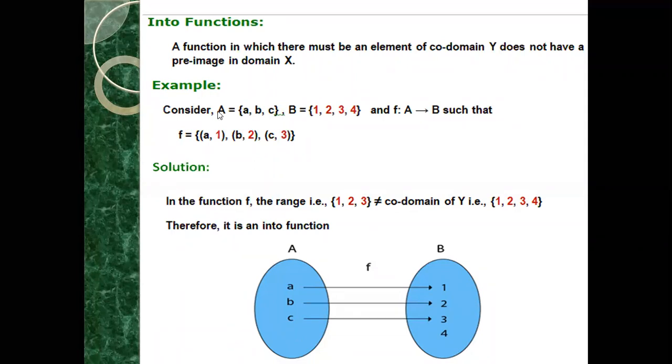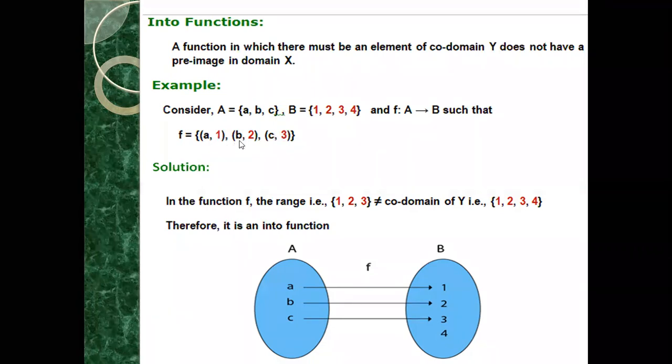So consider an example. Here A and B are given sets. A has elements a, b, c, and B has 1, 2, 3, 4, and we define a mapping F from A to B such that a goes to 1, b goes to 2, c goes to 3. We draw a diagram: A and B are represented by circles. A has elements a, b, c and B has 1, 2, 3, 4. So a is related to 1, b to 2, c to 3.